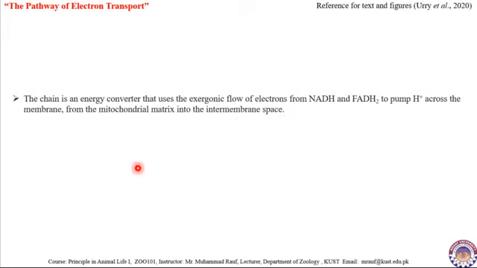Now the flow of electrons from one carrier to another carrier, this energy is utilized for pushing the hydrogen ions from the internal matrix to the intermembrane space.